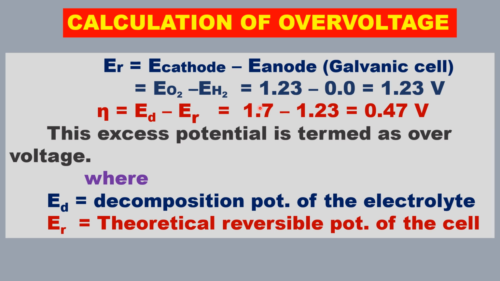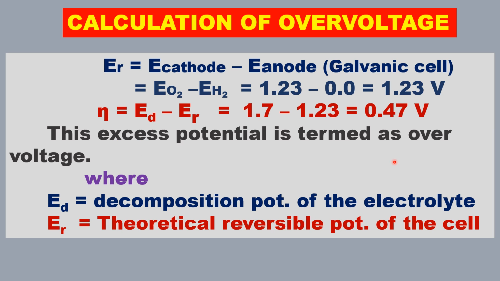The deposition potential we have already determined is 1.7 volt, minus the reversible e.m.f. obtained using the Nernst equation, 1.23. Therefore, 0.47 volt extra we need to apply to decompose water in the one normal H2SO4.